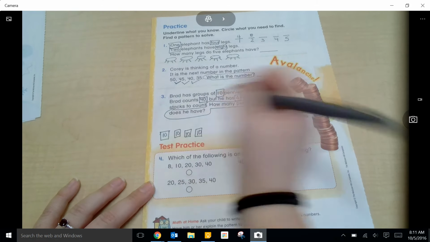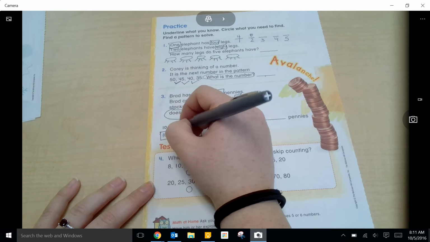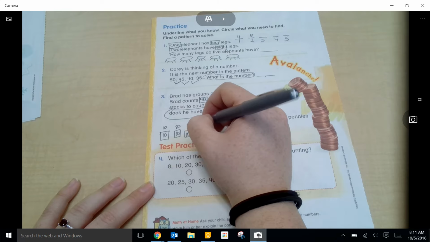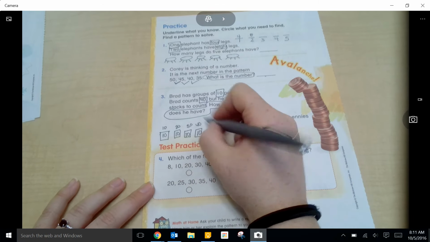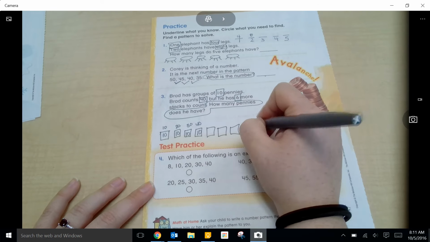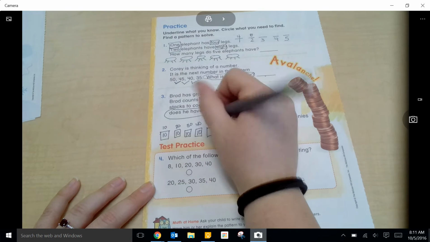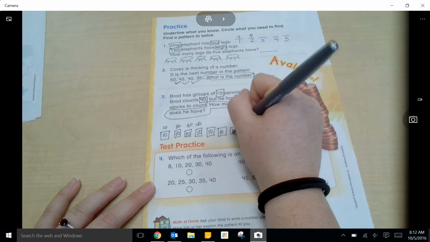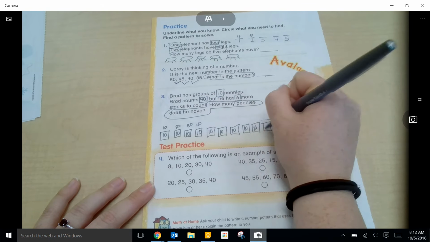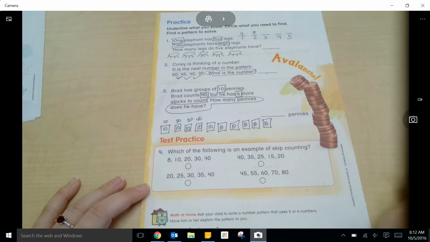And we know he already counted 40, so that means he's counted 4 stacks, because he's got 10, 20, 30, 40. He has 6 more stacks to count: 1, 2, 3, 4, 5, 6. Each stack has 10 pennies. How many pennies does he count altogether?